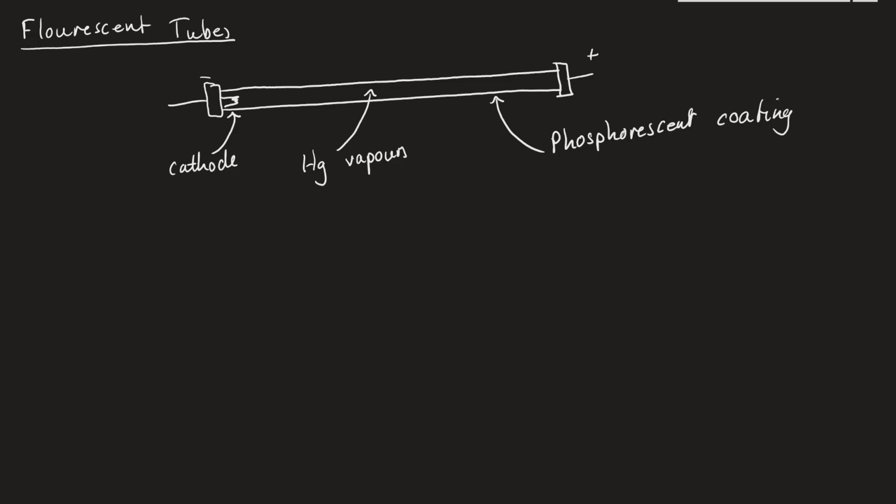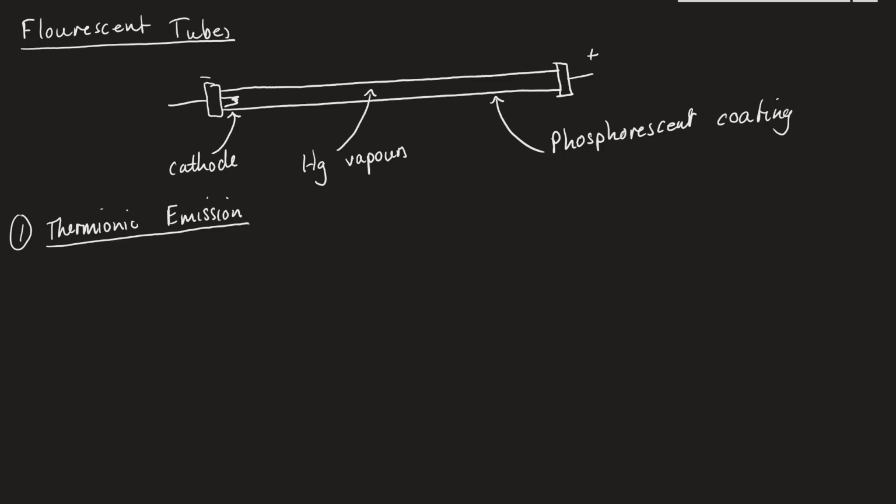The first one is starting at the cathode. The first thing is thermionic emission. Thermionic emission is how we're releasing the electrons in the first place. We've already seen in the photoelectric effect that when the material absorbs enough energy, the electrons can absorb that energy and then they can release electrons from the surface.